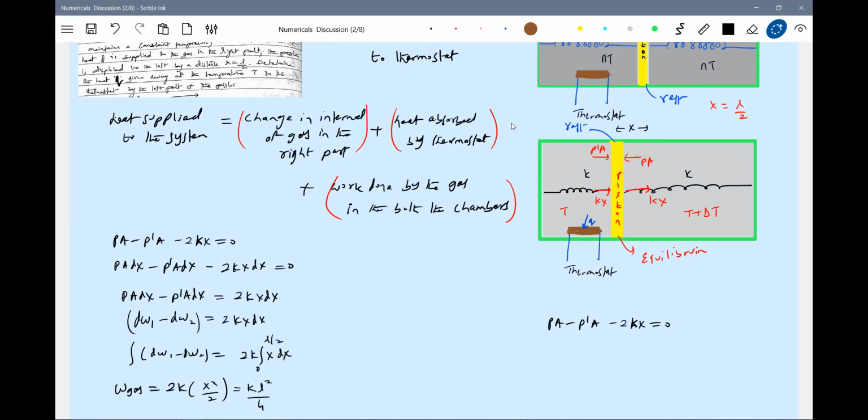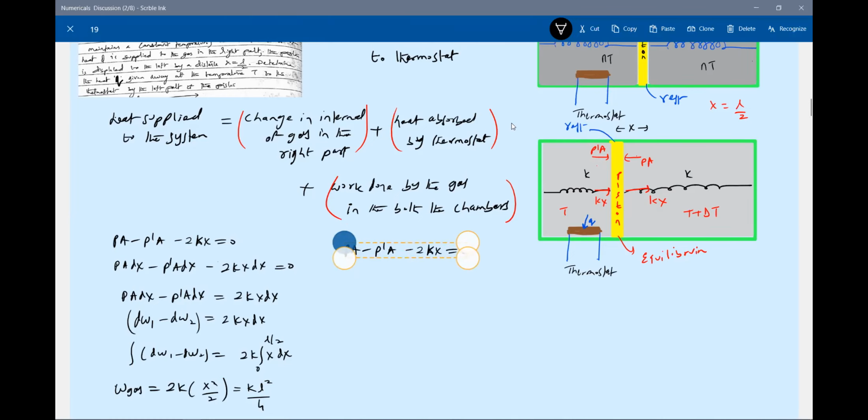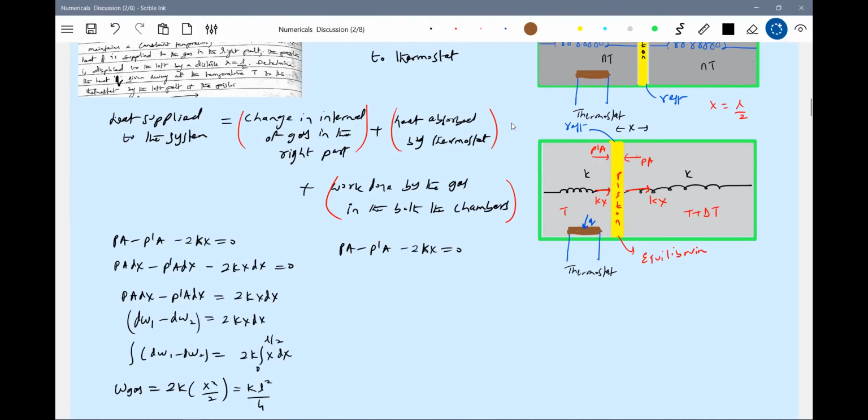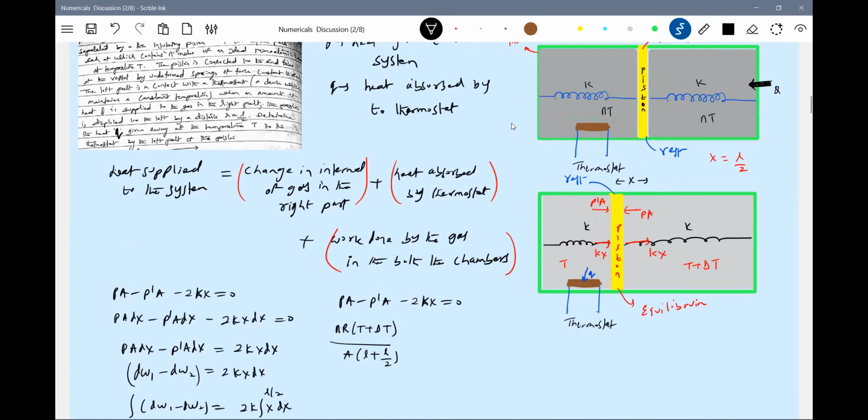Now we will see this. So what is P equal to? P should be equal to nR(T plus delta T) whole divided by volume. What is the volume? It is L plus how much length it has moved, L by 2, no? Yes, the piston got displaced by L by 2.